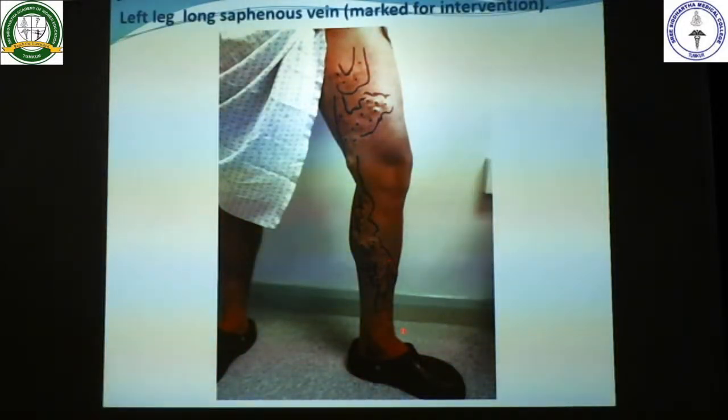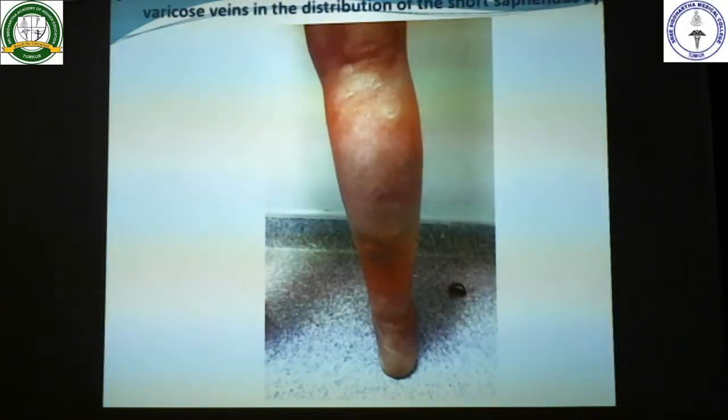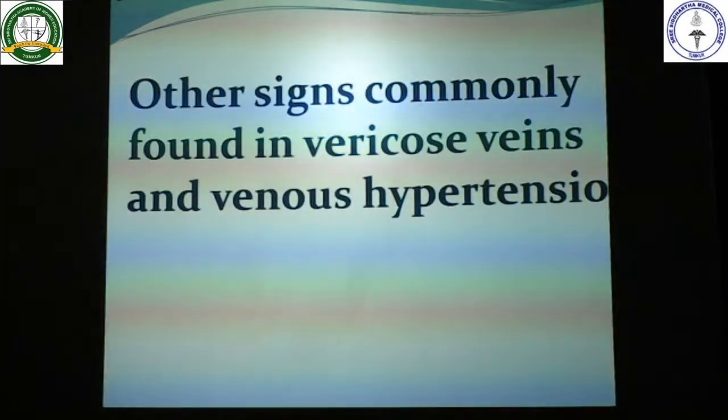These are all preoperative markings; we will discuss them later. And over the calf muscle, here you can see the dilated veins on the posterior aspect. Then it indicates short saphenous incompetence, or the short saphenous vein is involved. So the most important sign is dilated tortuous veins over the limb.